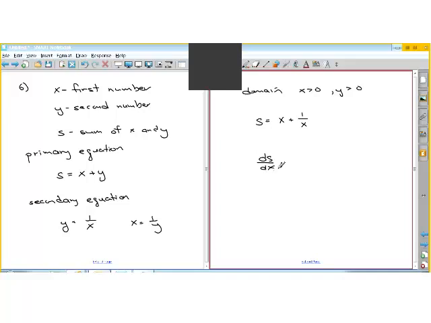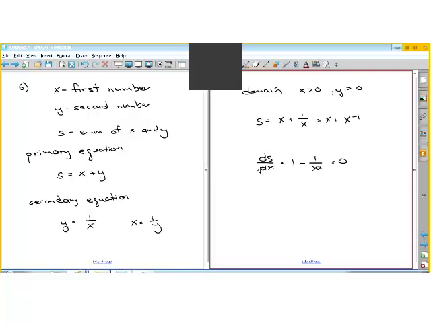On the left-hand side, we get dS/dx. On the right-hand side, we get 1 minus 1 over x squared. How do we get that? This is the same as x plus x to the minus 1. When you take the derivative, you get negative 1 times x to the minus 2. You set that equal to 0.